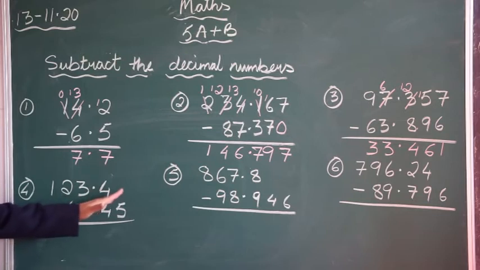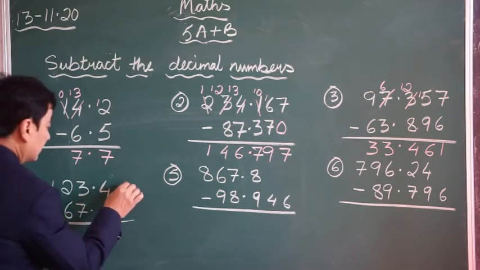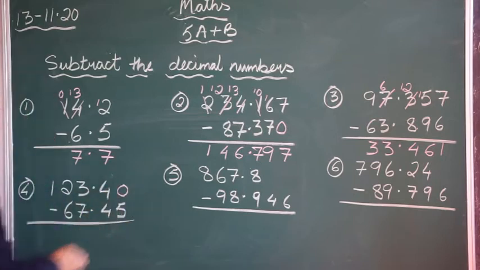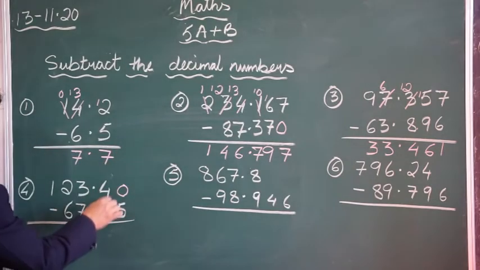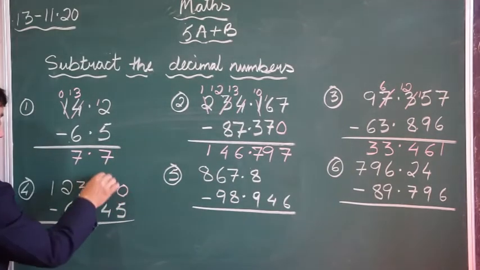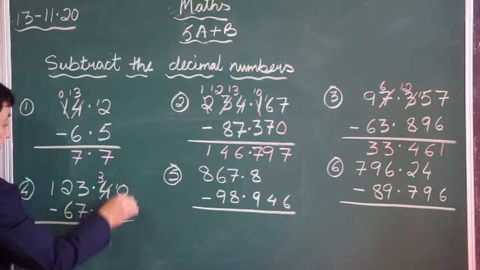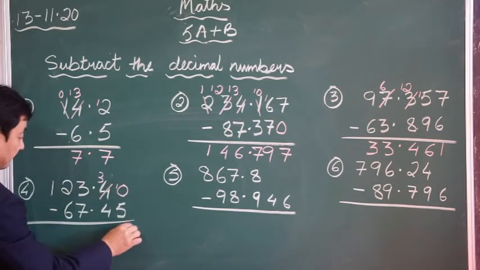Now here we see a top number. There's no top number. So when there's no number, we must add a 0. Okay? Now, just like you have done these sums, borrow. 10 minus 5, 5.